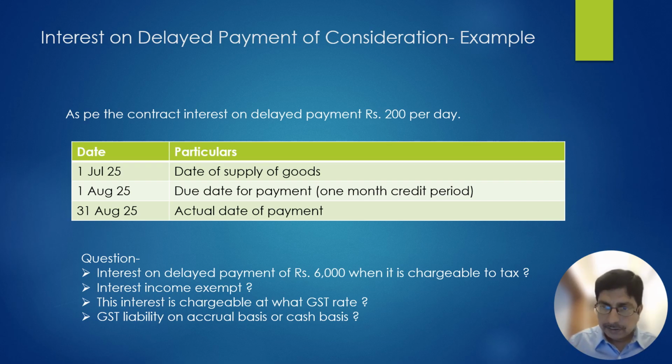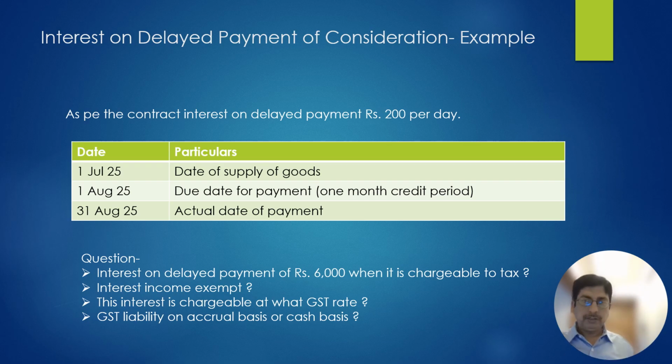In this case, the principal supply is already done on the invoice. You received 6,000 as interest for delay in payment of consideration. So for this 6,000 you will issue a debit note, not an invoice.